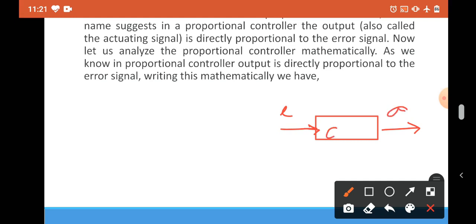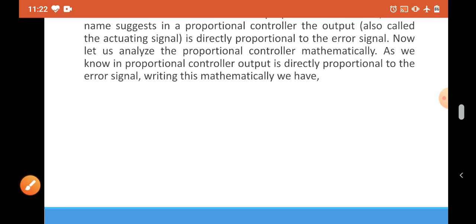This controller controls the value of the output based on some proportion with respect to the input. So your output is in proportion with the input.